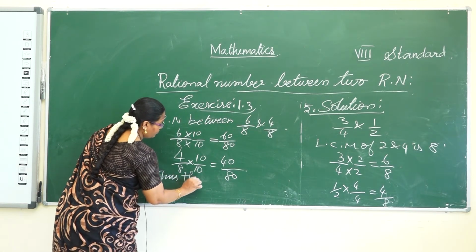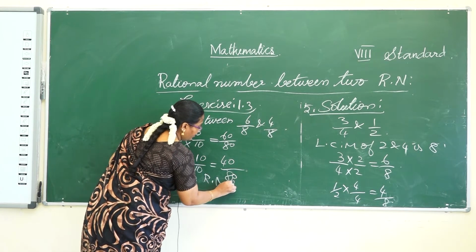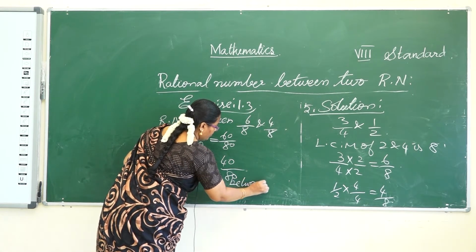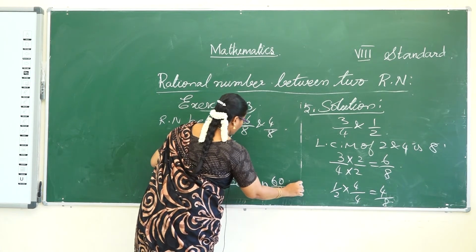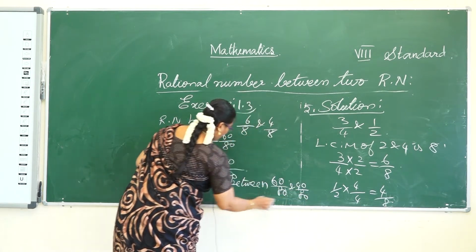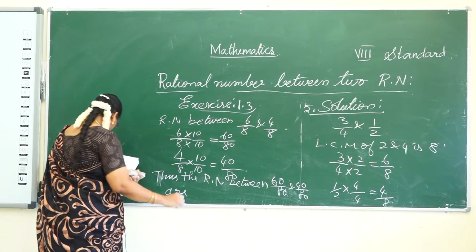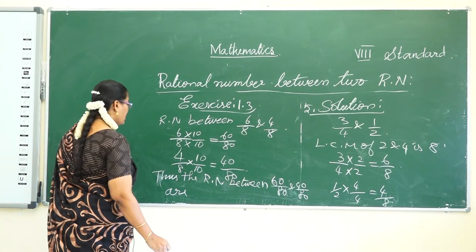Thus the rational numbers between 60 by 80 and 40 by 80 are, how many numbers do we want to write? 6 rational numbers.